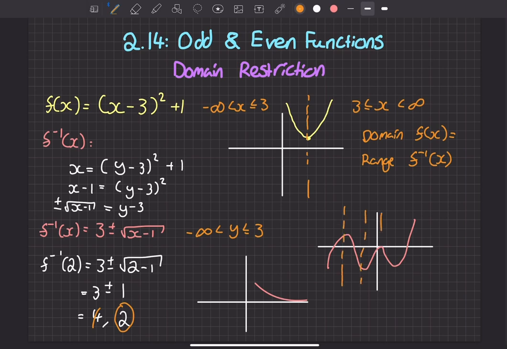So there's one here, one here, and one here. And you can choose where to restrict the domain. You can do from here to negative infinity, from here to here, or from here to infinity. It doesn't really matter where you restrict the domain as long as you make it a one-to-one function. But if it doesn't specify where you have to restrict it, you can just choose any two turning points and take the area between them. So this is domain restriction.